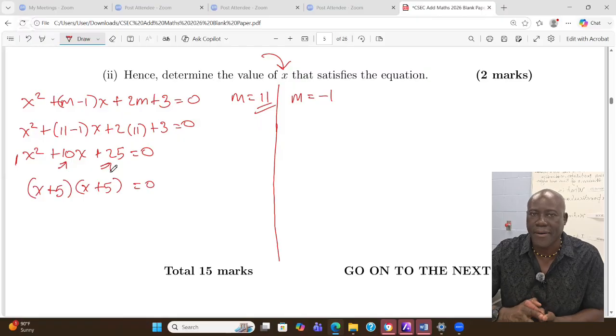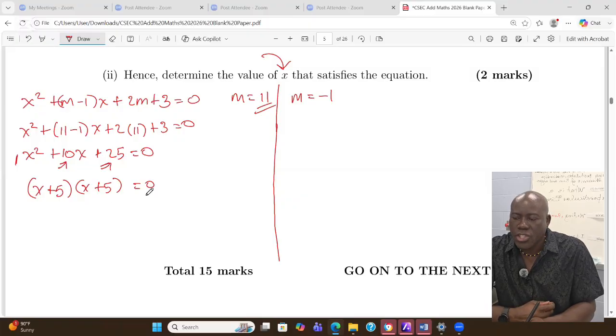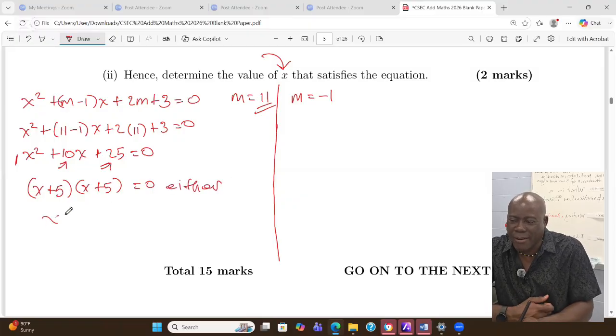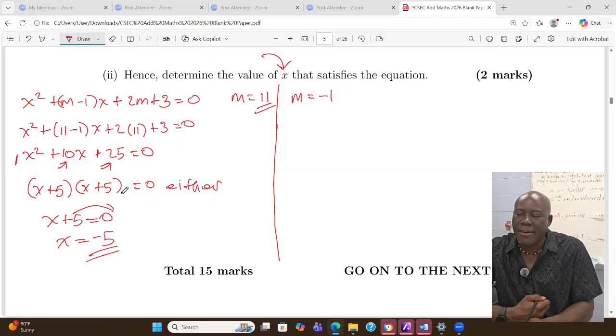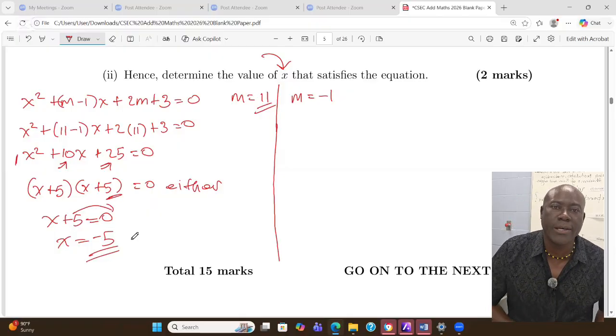Half of 10 is 5, and 5 times 5 is 25. So it's a perfect square, but we knew it would be. So I'm going to have one answer: x plus 5 is equal to 0, which means x is equal to negative 5.